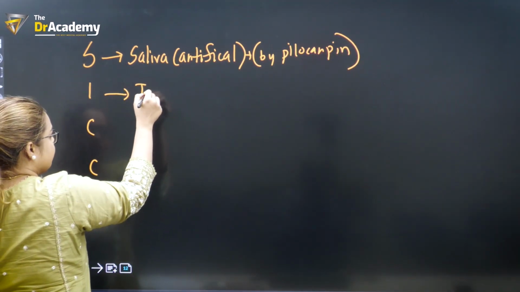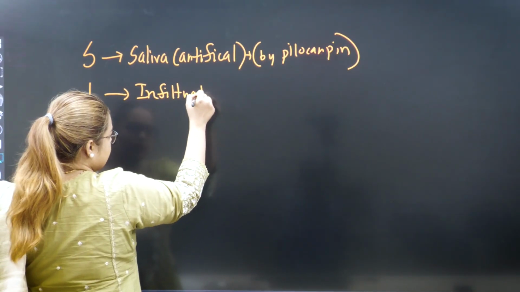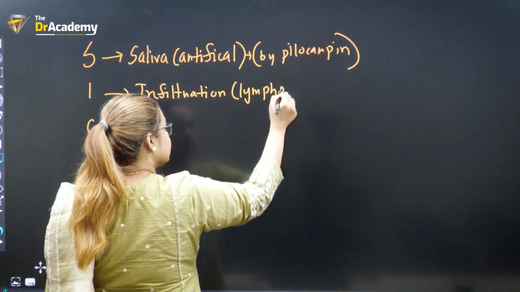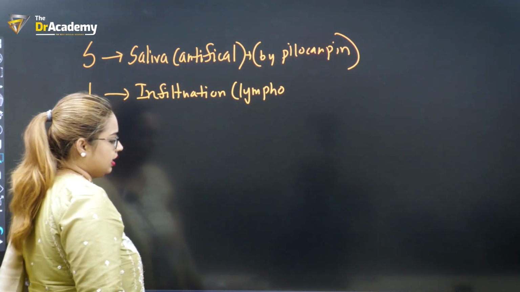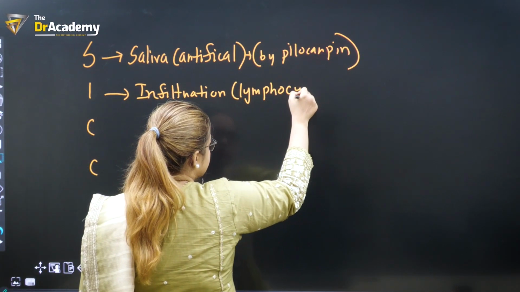I for infiltration, that is the lymphocytic infiltration. That's why the lymphoid malignancy risk is higher in case of Sjogren syndrome.